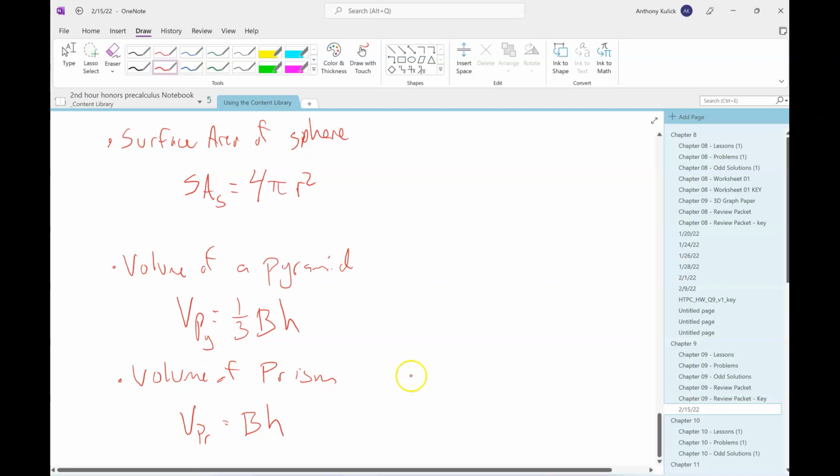Now there's one specific instance that we'd use a lot. For a rectangular solid, that's a specific kind of prism, right? The shape of the base for a rectangular solid is a rectangle whose area of the base is length times width, and then height.